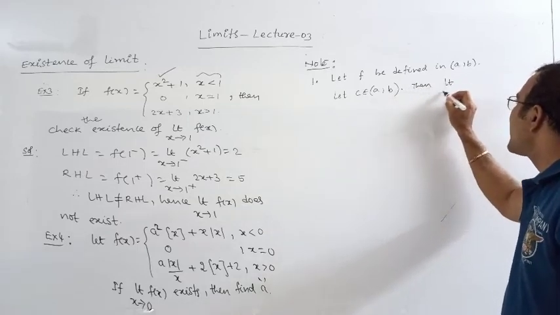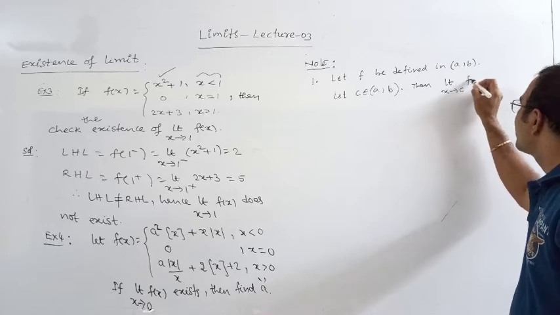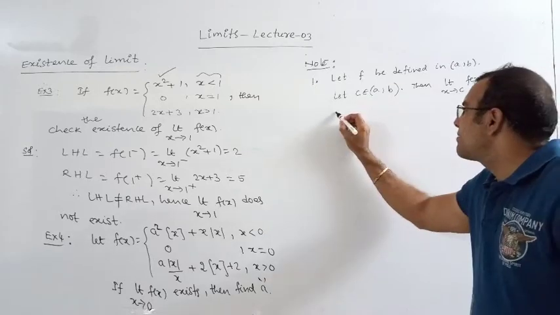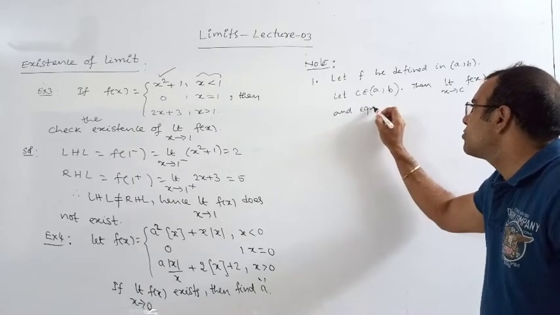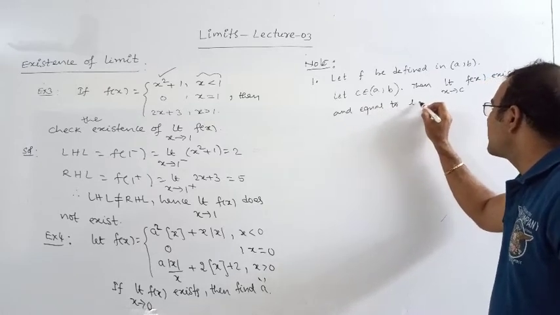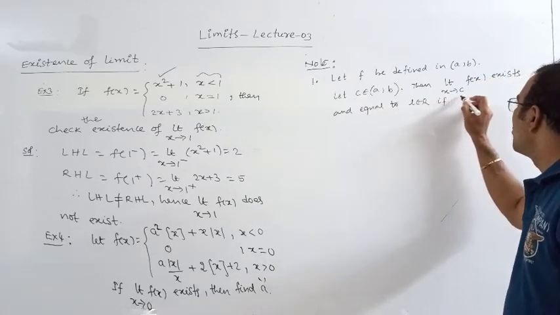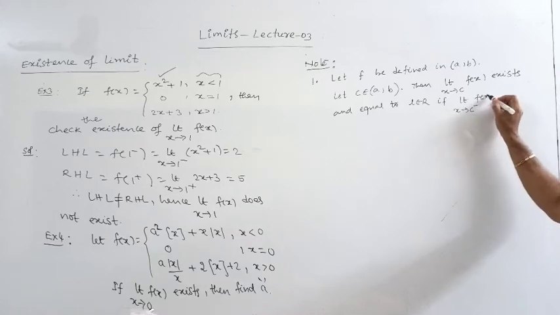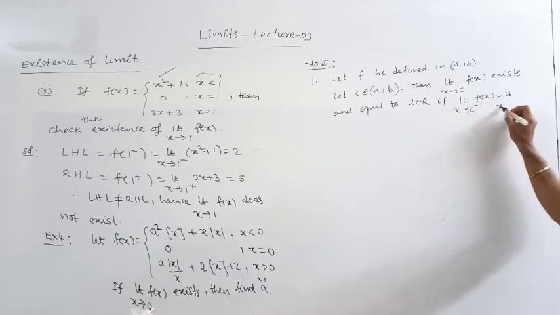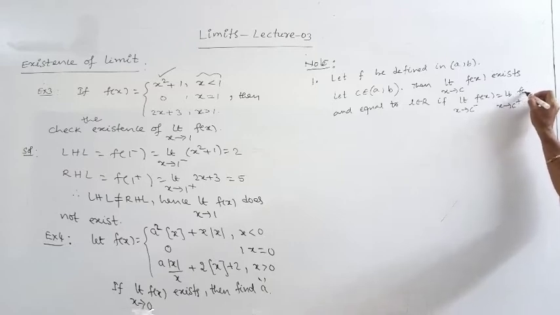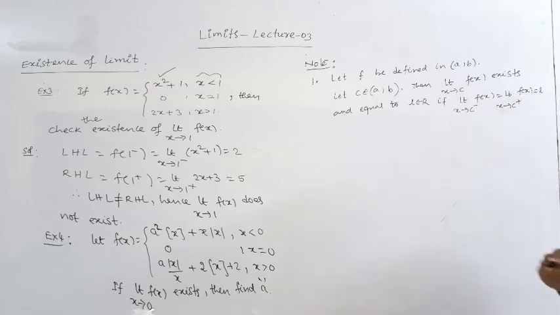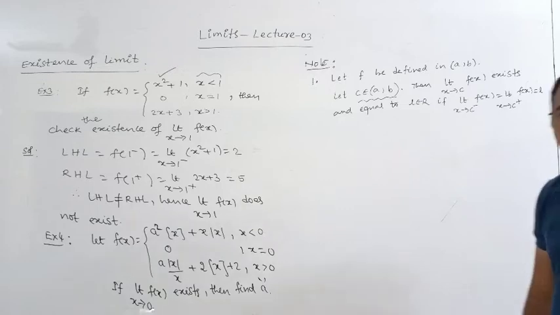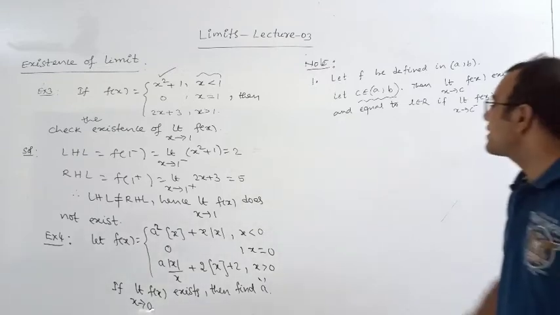Then limit x tends to c exists and equals L belonging to R if both the left hand limit and the right hand limit exist and are equal. So when the point is an interior point, we have to discuss both the left hand limit and the right hand limit. Remember, when the point is an interior point.